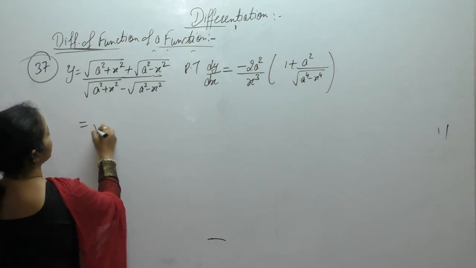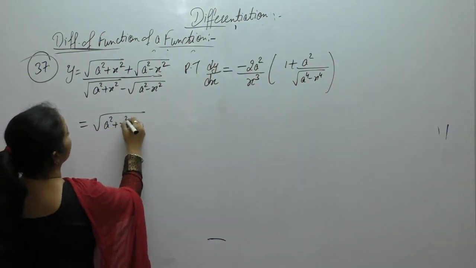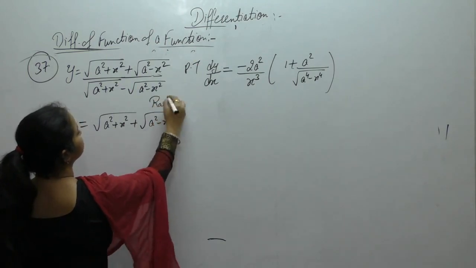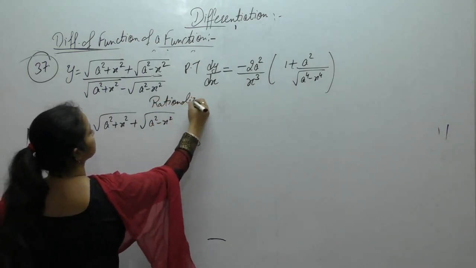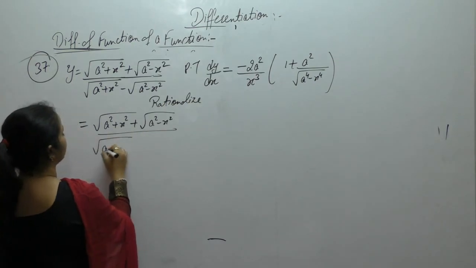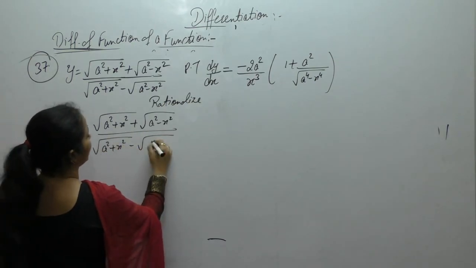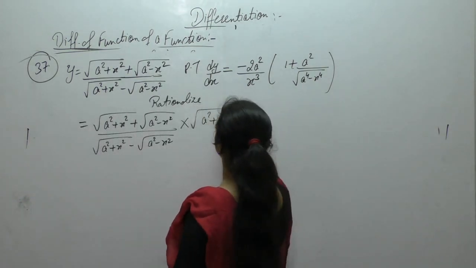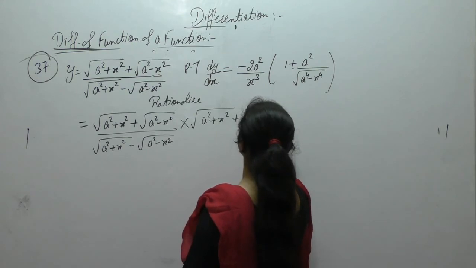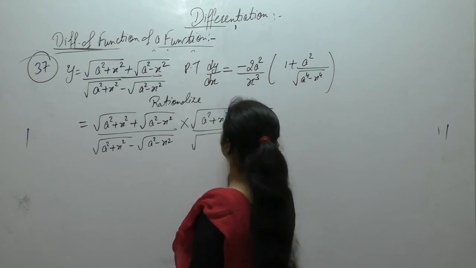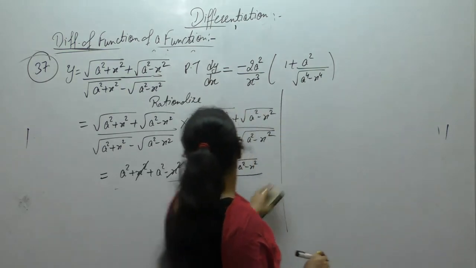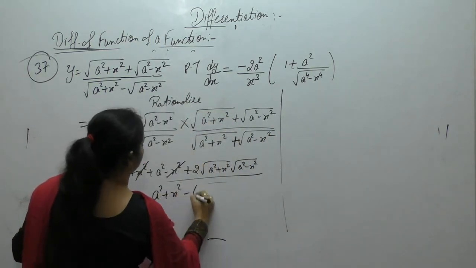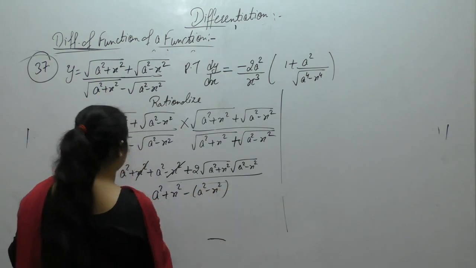Now this is the term. First we will have to rationalize it for simplification. So rationalize the term upon square root of a square plus x square minus this. We will rationalize: square root of a square plus x square plus square root of a square minus x square upon, when there is a plus sign, a minus b, a plus b, a square minus b square.